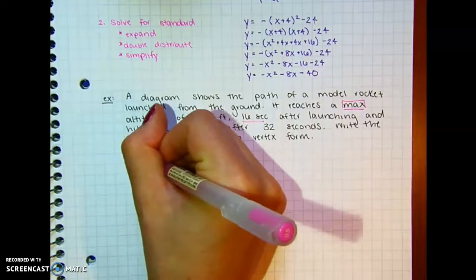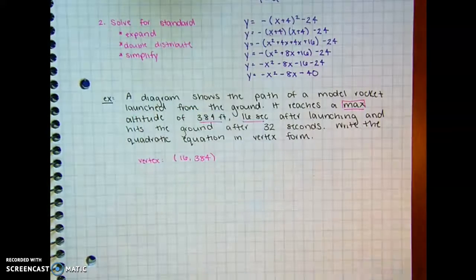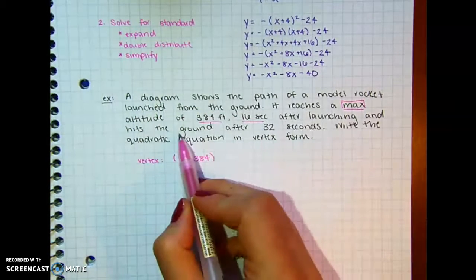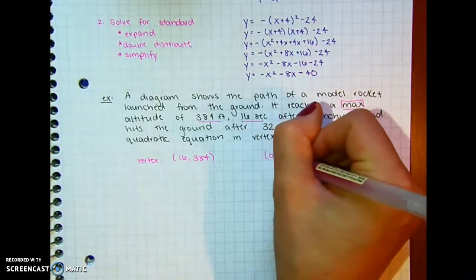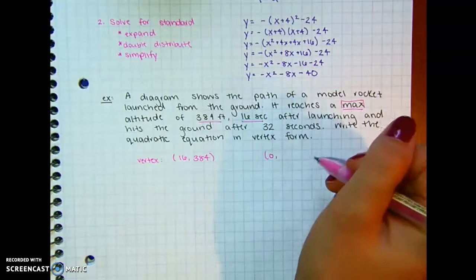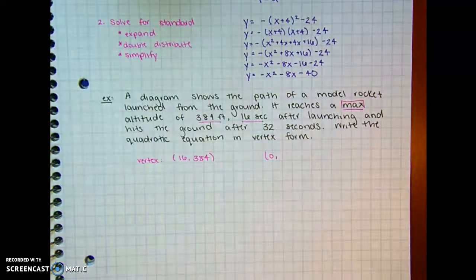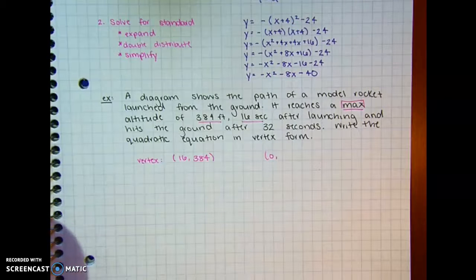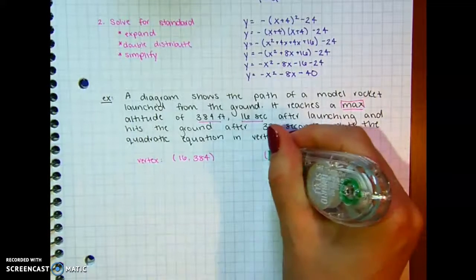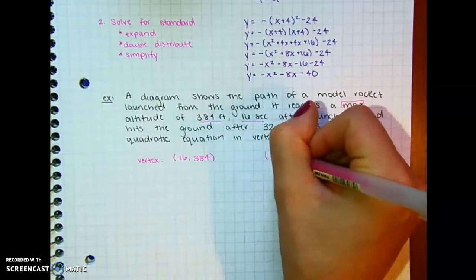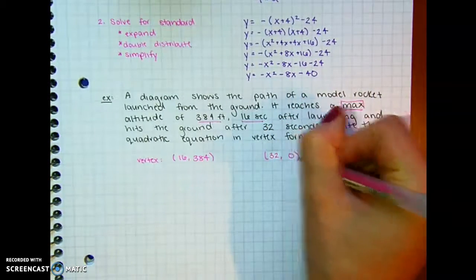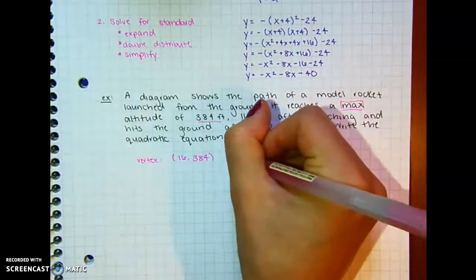So that's the vertex. Then we're given that it hits the ground. So that means the height is 0 after 32 seconds. So (32, 0). We're also given the x-intercept.